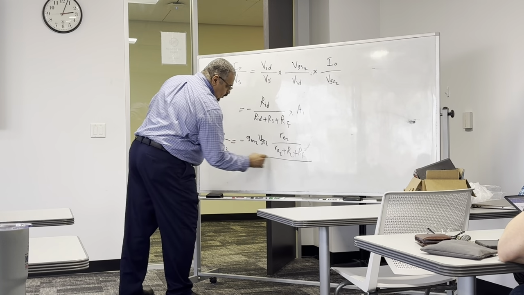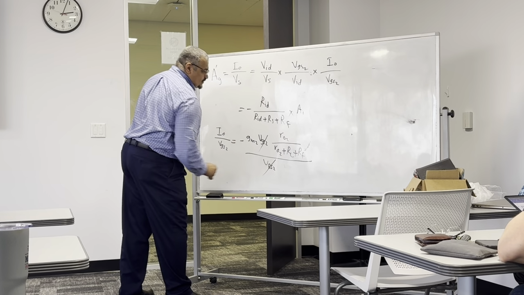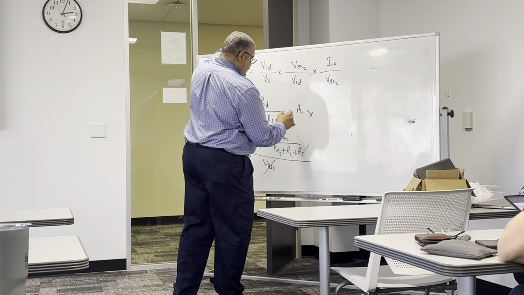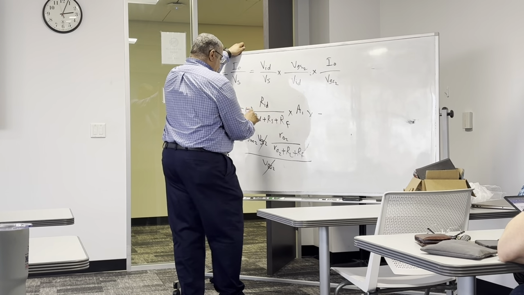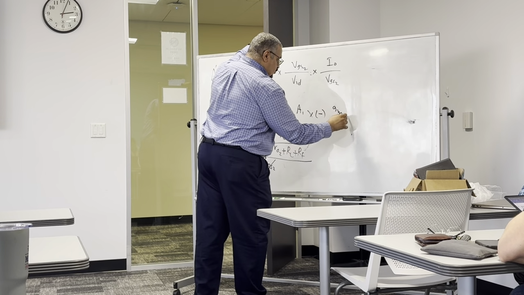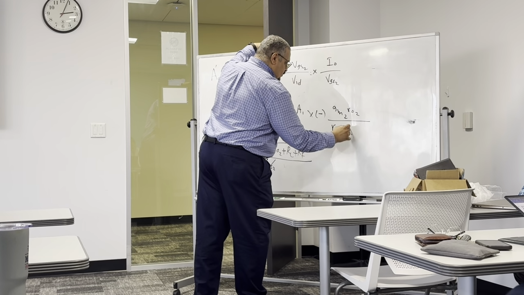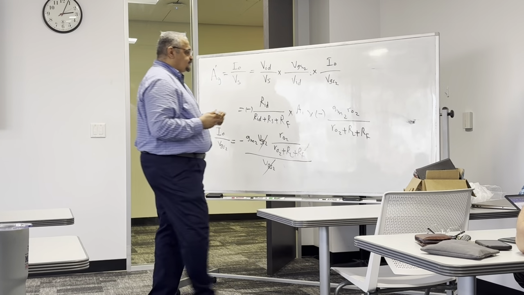Now you divide all this by VGS2, this cancels, and this is going to be negative. There's a negative here, right? It's going to be negative GM2 RO2 divided by RO2 plus RL plus RF.